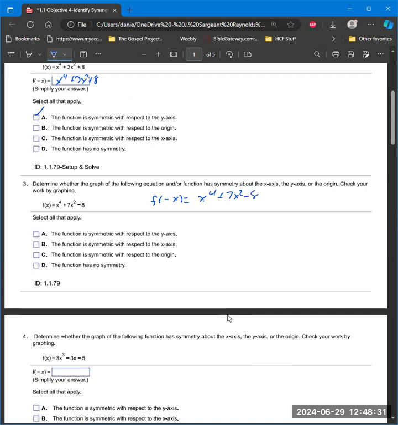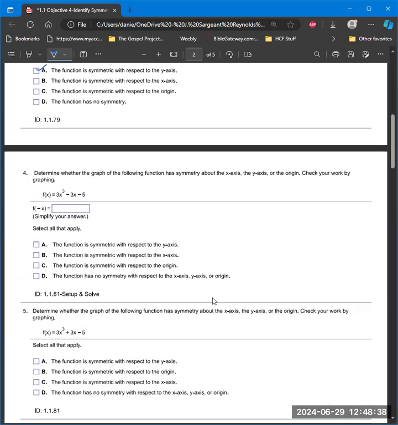So this is again symmetric to the y-axis. F of negative x here is negative 3x to the third plus 3x minus 5. And that's going to be neither even nor odd, so it's not going to be symmetric to the x-axis, y-axis, or origin. It has no symmetry.